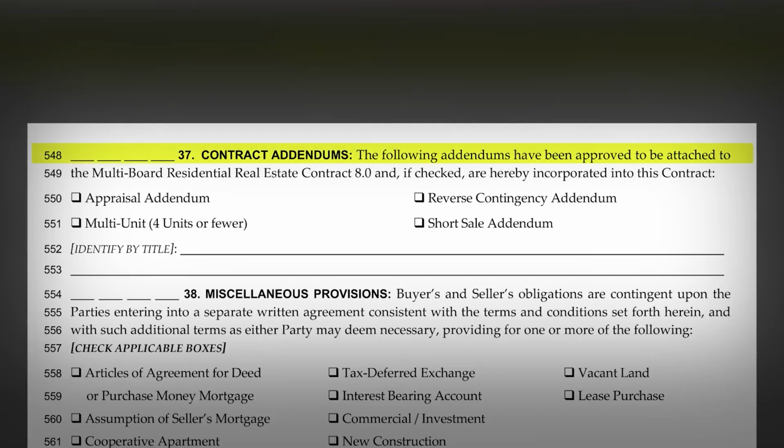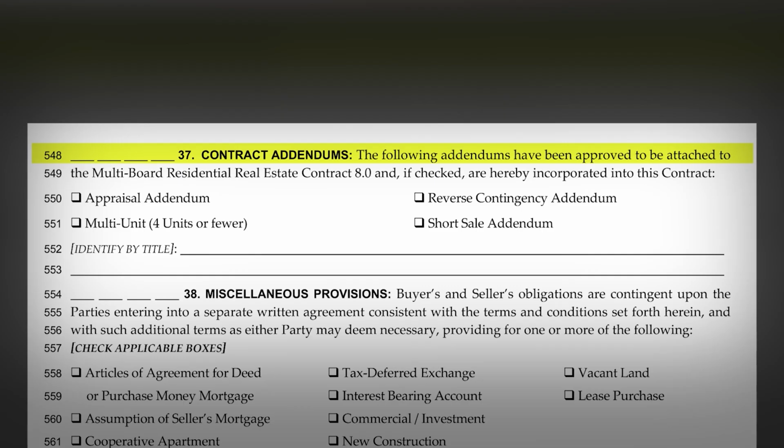Paragraph 37 talks about contract addendums. We have some contract addendums that are pretty common, such as a short sale addendum. That would need to be given notice. A reverse contingency addendum is one of the new addendums that go with the Multi-Board 8.0 contract.